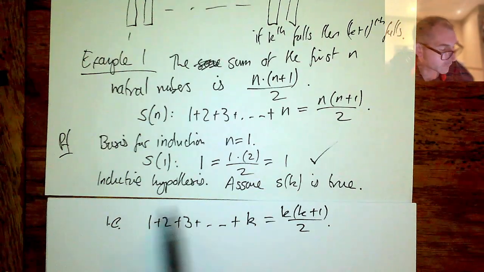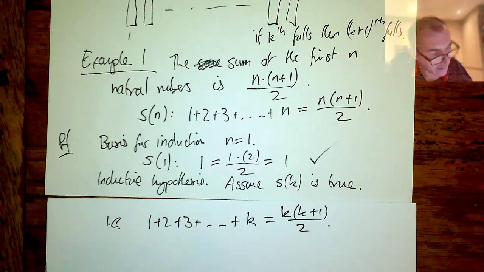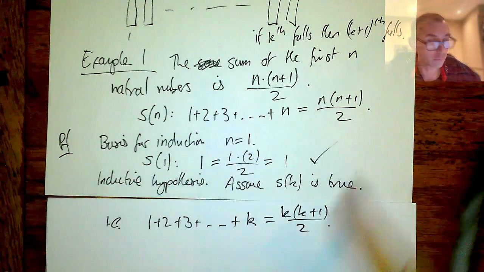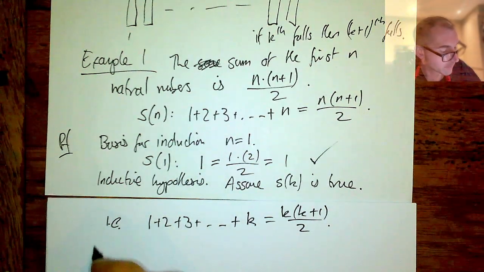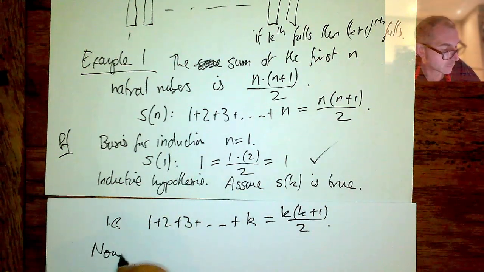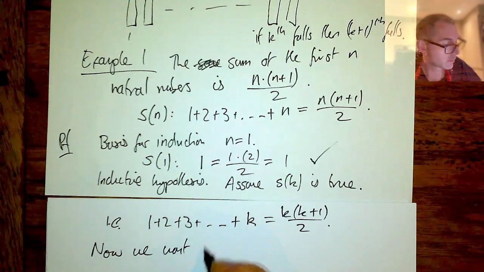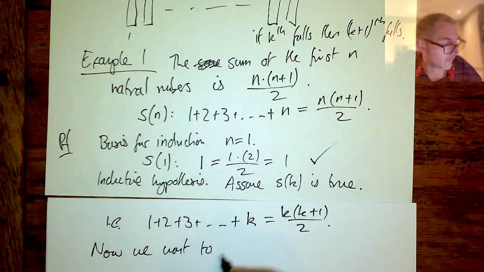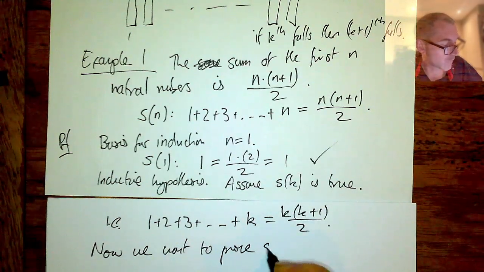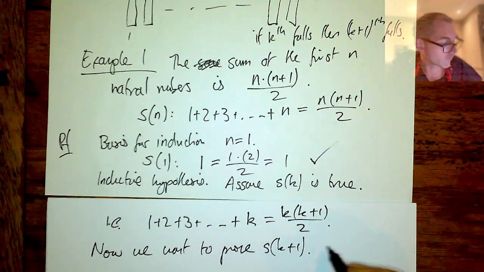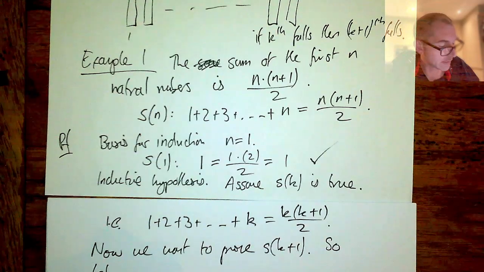And I can modify this equation if I add k plus 1 to both sides, and then it's going to start to look like what I want. So let's add k plus 1 to both sides.